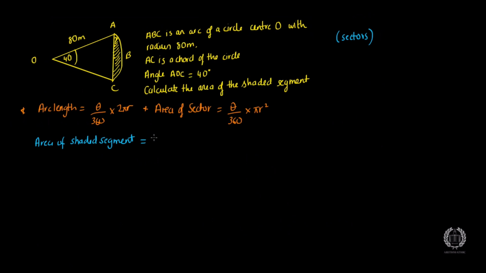So let me write what I just said. If we find the area of the sector, which is this whole thing, O, A, B, C, and then we do minus the area of triangle O, A, C, we'll be left with the shaded segment, which is A, B, C. Does that make sense?